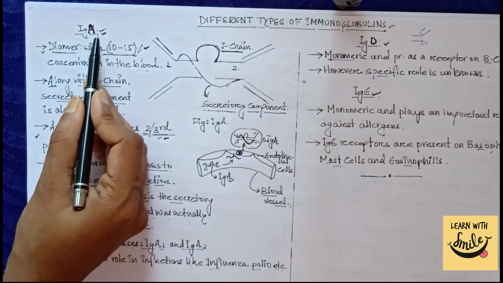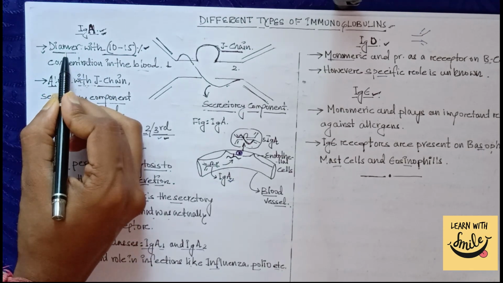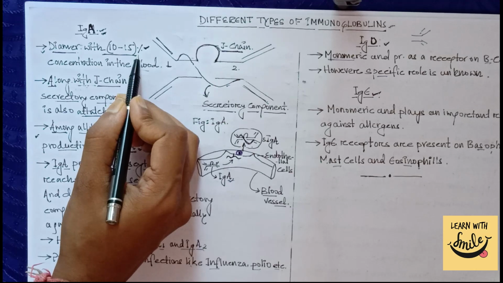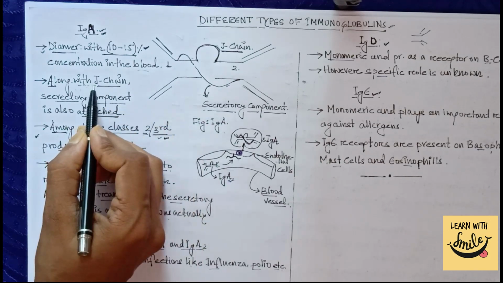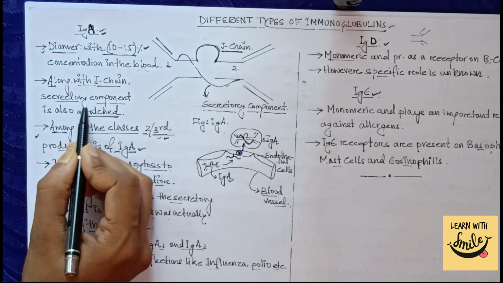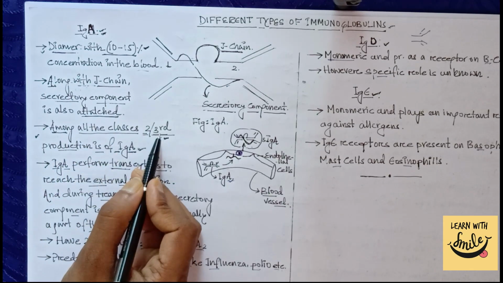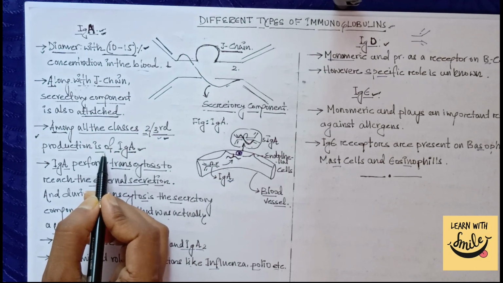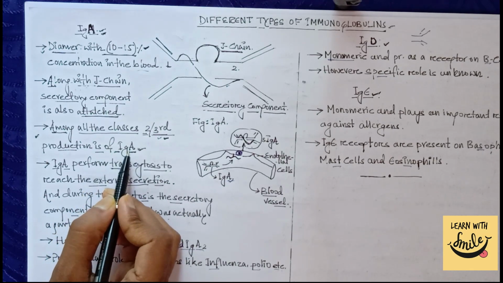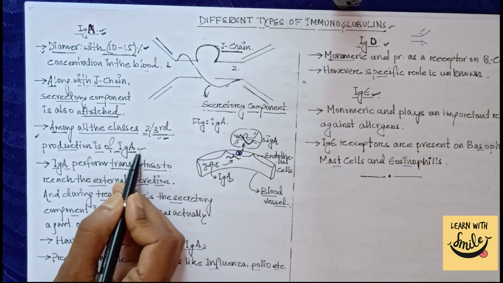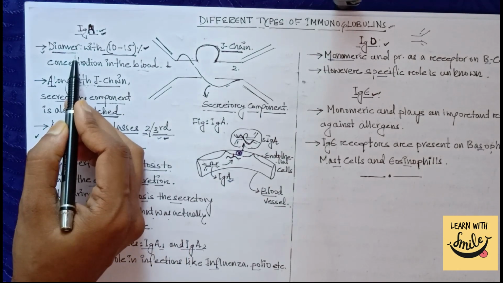Coming to immunoglobulin A, it is a dimer which has 10 to 15% concentration in the blood. Along with the J chain, it has an additional secretory component attached. Among all the classes, 2/3 of the production of immunoglobulins is of immunoglobulin A. While reading this statement, don't you think it contradicts the first statement?